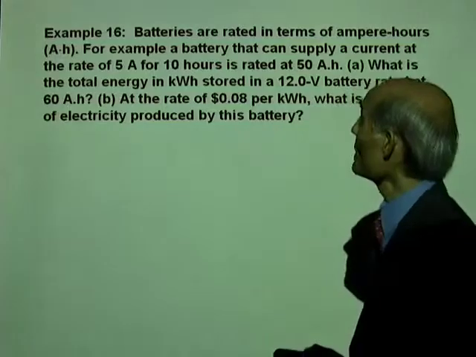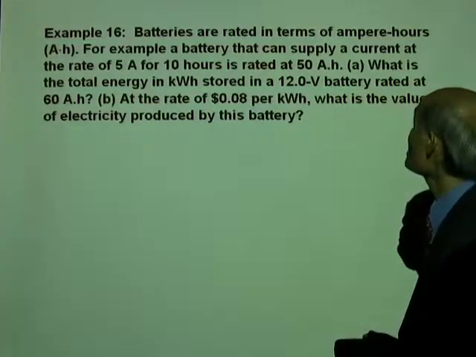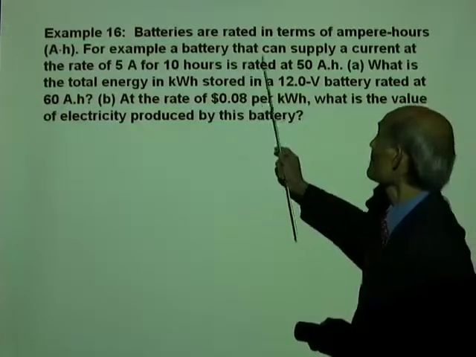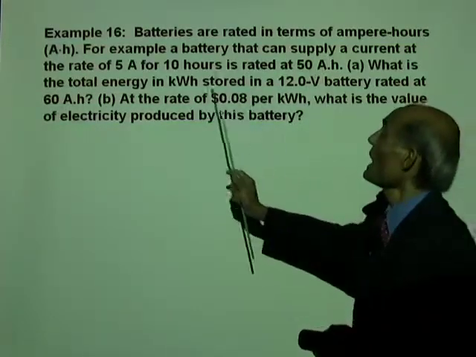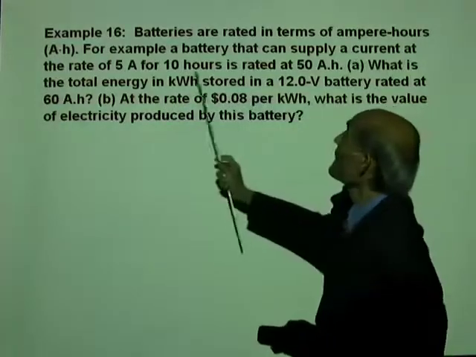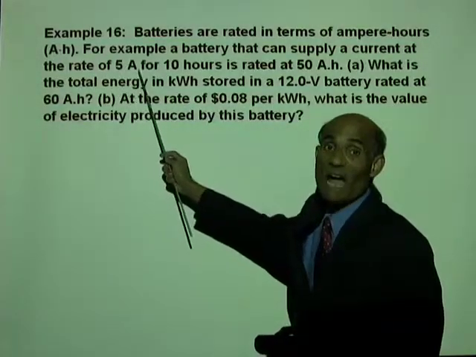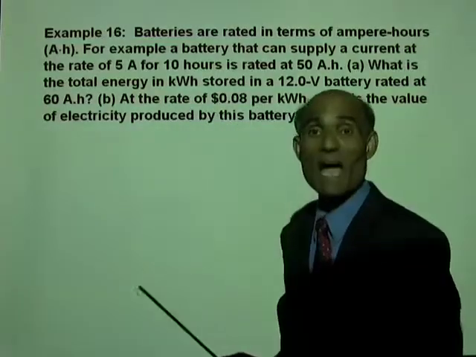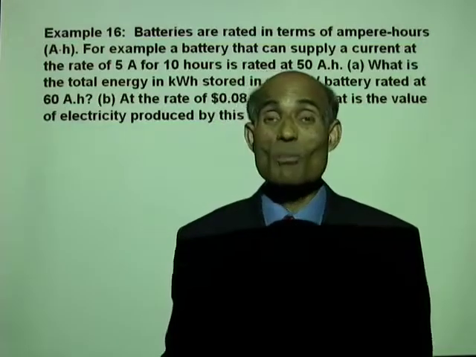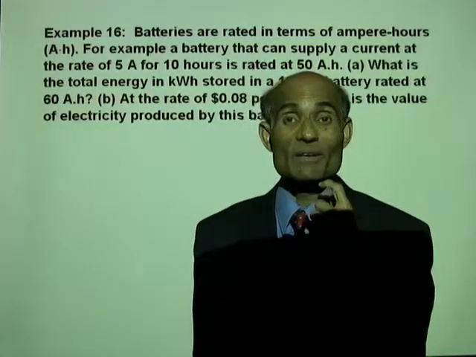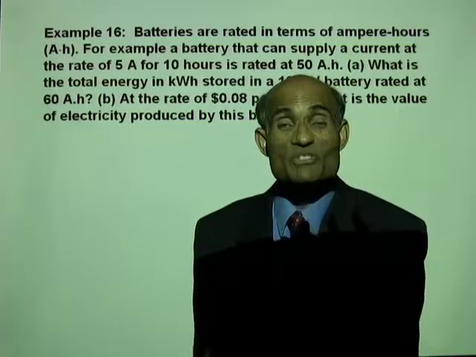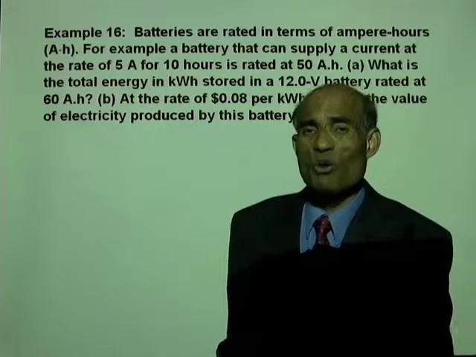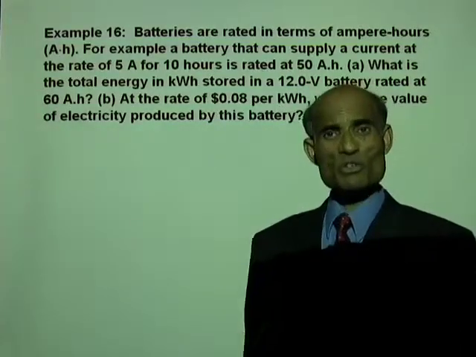Another example. Batteries are rated in terms of ampere-hours. For example, a battery that can supply a current at the rate of 5 ampere for 10 hours is rated 50 ampere-hour. When you go buy a battery for your car, the batteries are rated in ampere-hours. Do you know how much is the capacity of the battery that you use in your car?